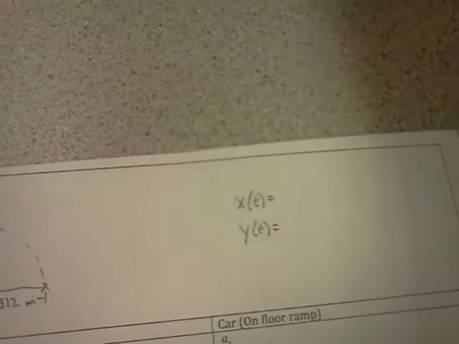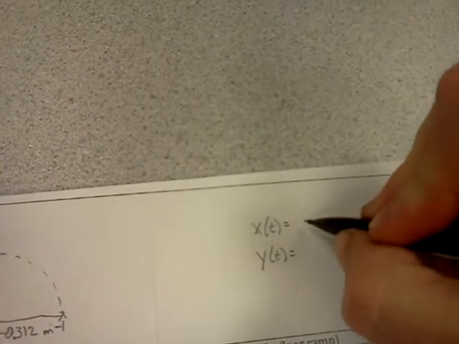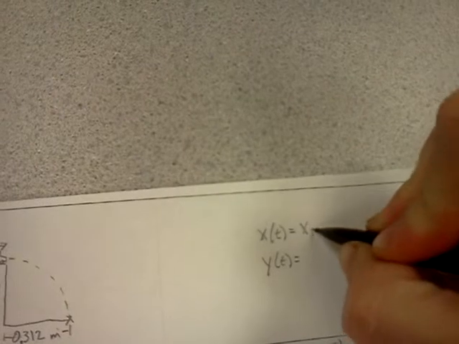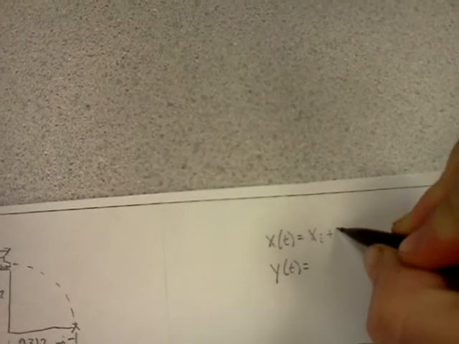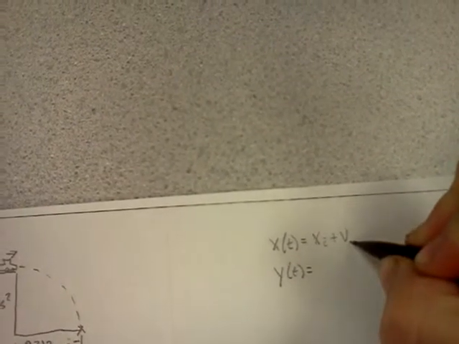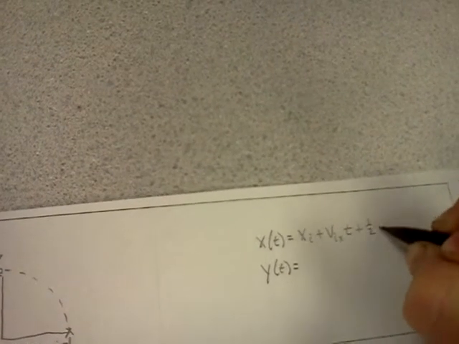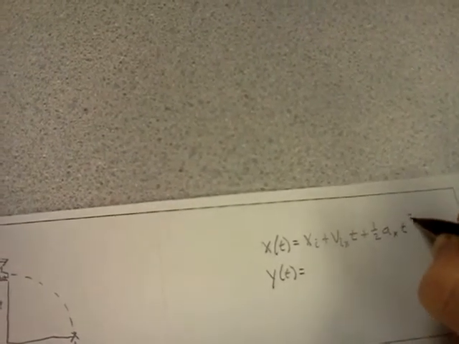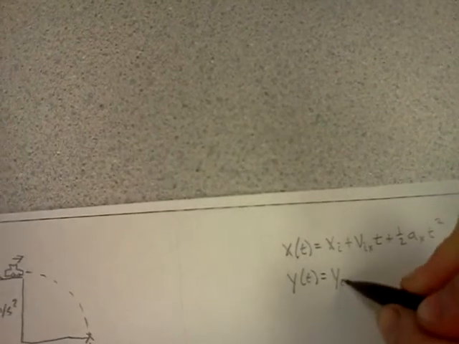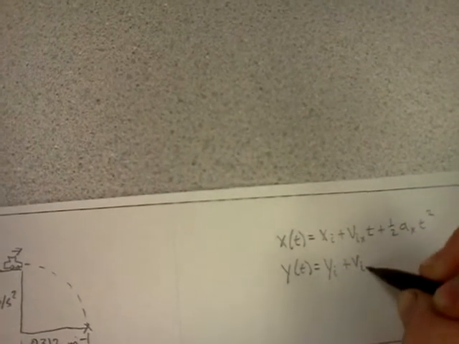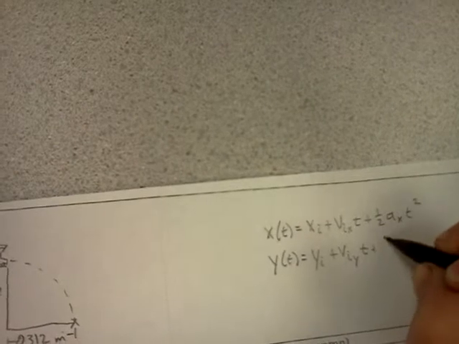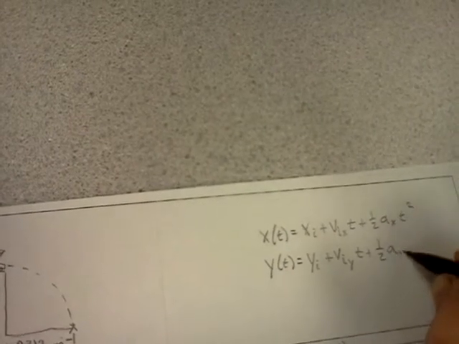We have an X equation and a Y equation, and the standard is that it's my initial X position plus my initial velocity in the X direction times time plus 1/2 acceleration in the X direction times time squared. And Y is the same thing, except we're only concerned about the Y direction.